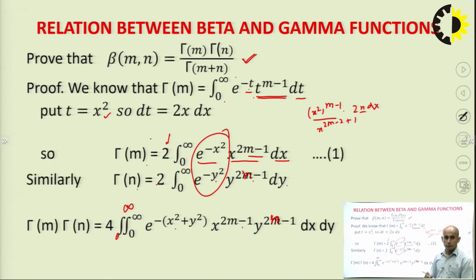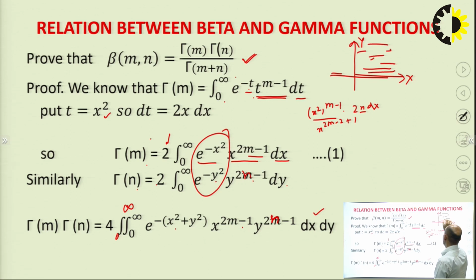Now we have to convert this integration, which is an integration in the Cartesian plane, into the polar plane. As we are seeing here, the region is in the first quadrant. This is the x axis and this is the y axis. Since the limits are x from 0 to infinity, there is no upper limit of x on the right hand side, so we have an open interval here.